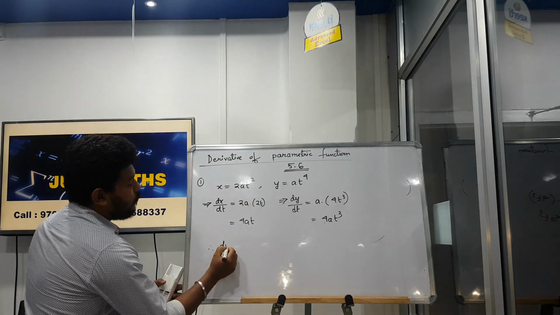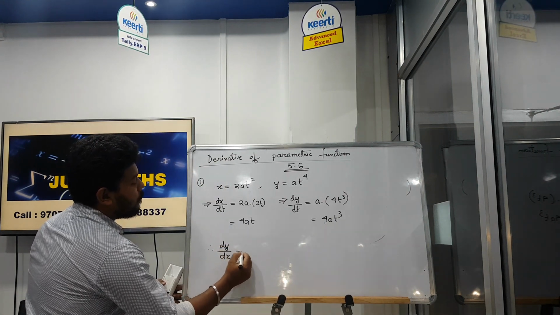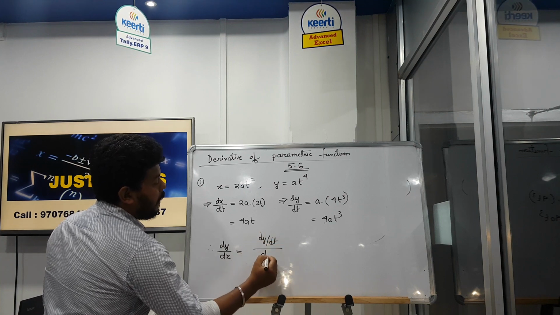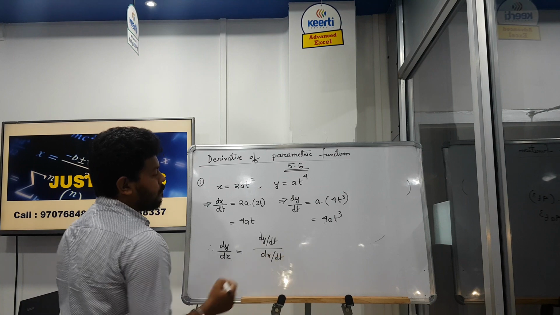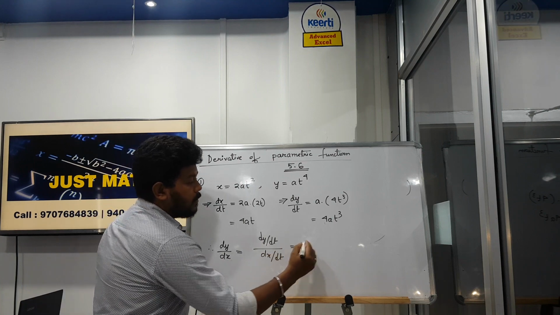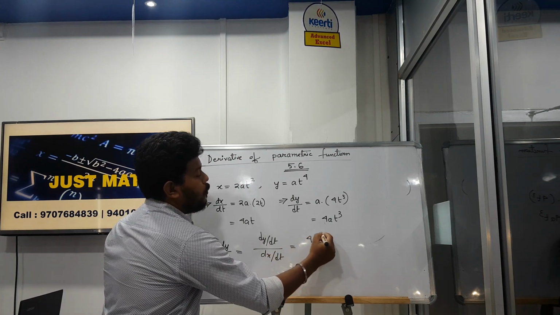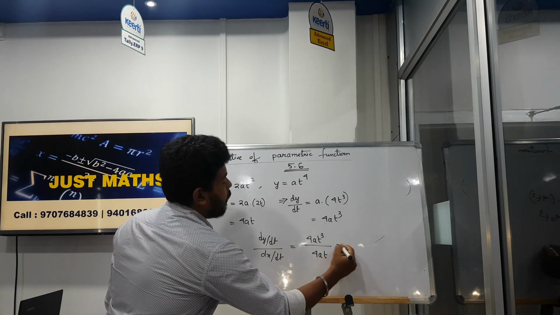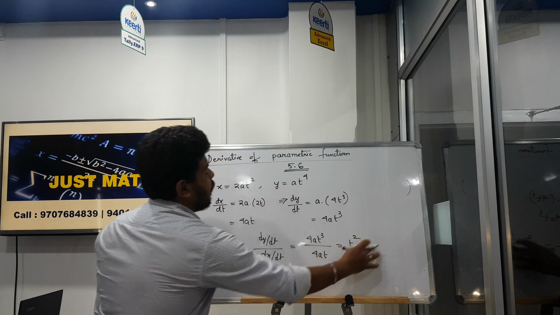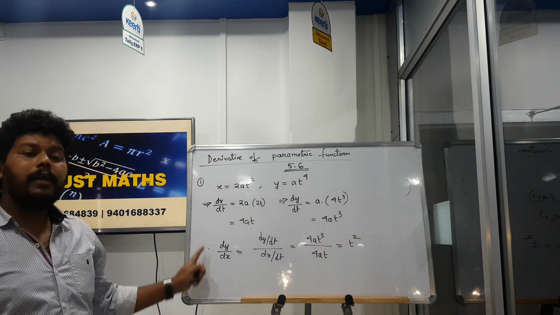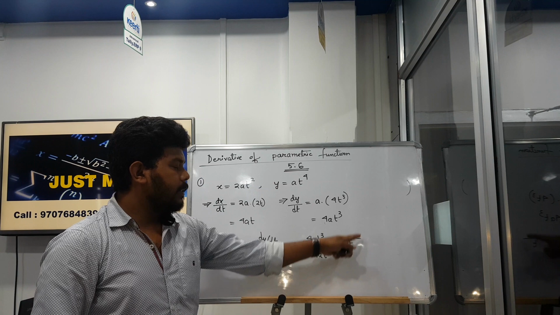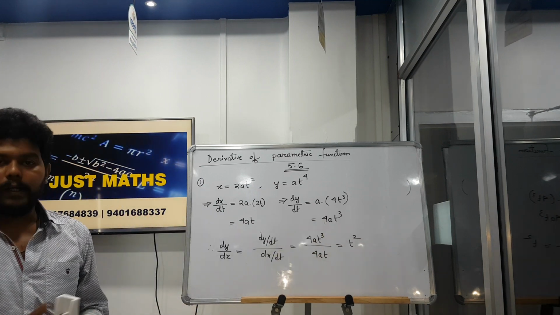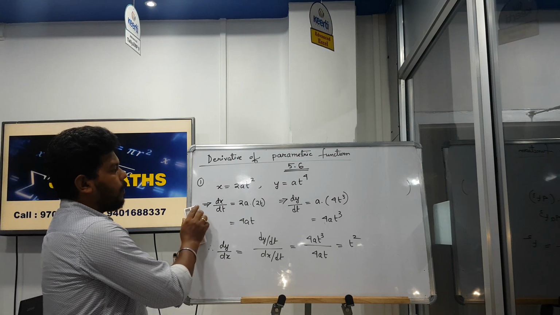Therefore, the value of dy by dx is equal to dy by dt divided by dx by dt. Hence, it is 4at cube divided by 4at. Your answer is t square. The value of dy by dx in terms of t is equal to t square. This is your number 1. Note it down.